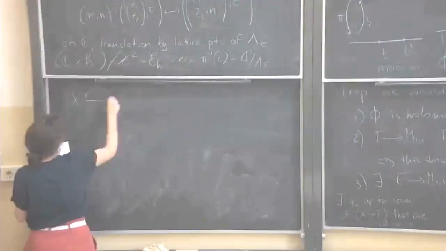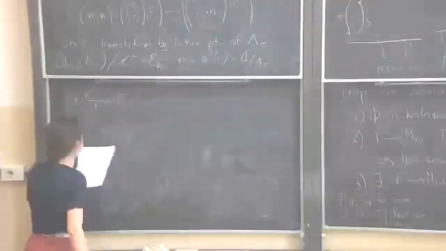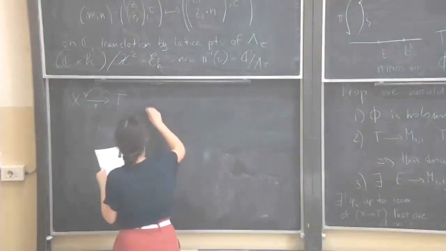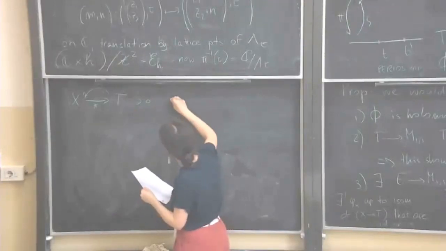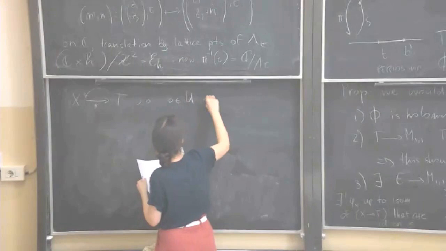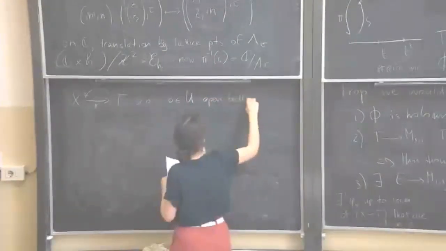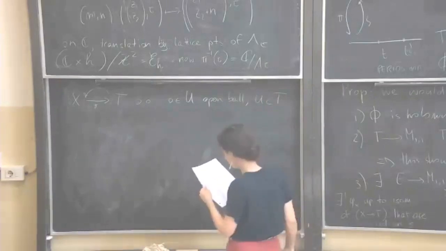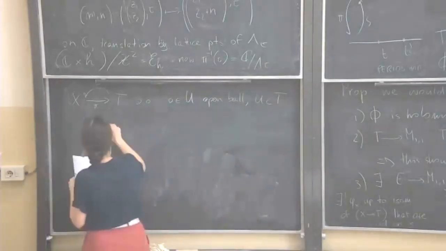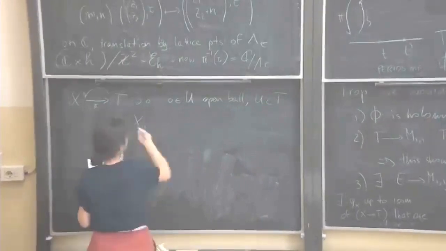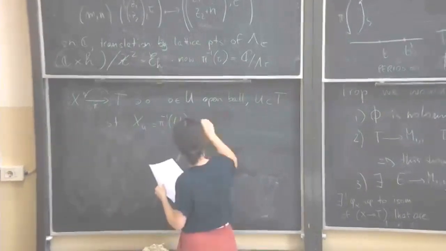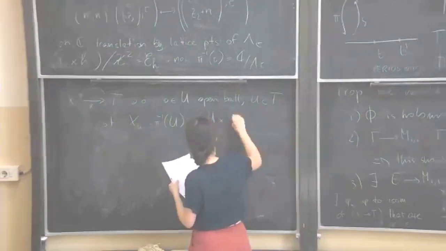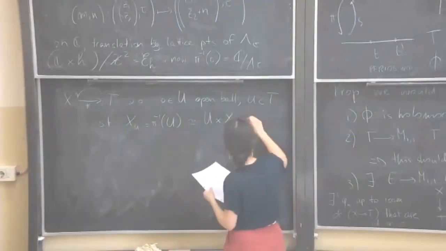Okay. So we take again the family, and we take a point on the base, and we suppose there exists an open ball U such that X_U, which is just pi to the minus 1 of U, is actually isomorphic to U times X0 as a smooth manifold.